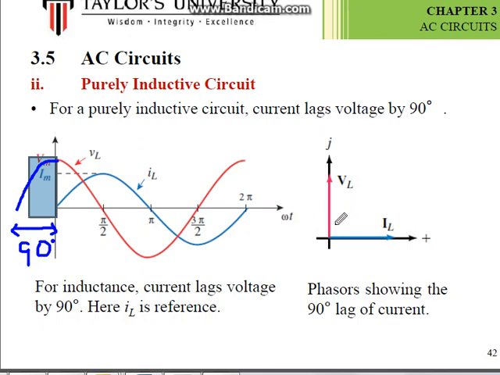Anything that sits on top literally means that it's leading. So this also means that your voltage leads your current. By how much? Because this is perpendicular for a purely inductive circuit, it's 90 degrees. Or in other words, in reverse, my current is lagging my voltage by 90 degrees.